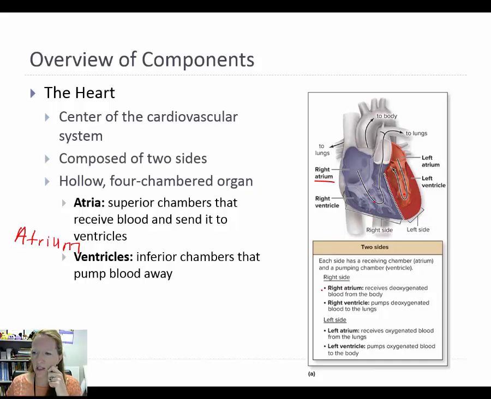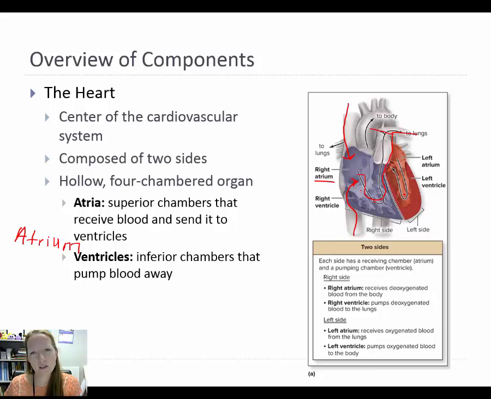So this is talking about the different sides. It's talking about specifically how the right atrium is going to be the one that receives deoxygenated blood from the body. And we'll go through blood flow later on to show you what's happening. But it's going to receive deoxygenated blood from the body. The right ventricle over here is going to pump deoxygenated blood, and it's going to go to the lungs that way.